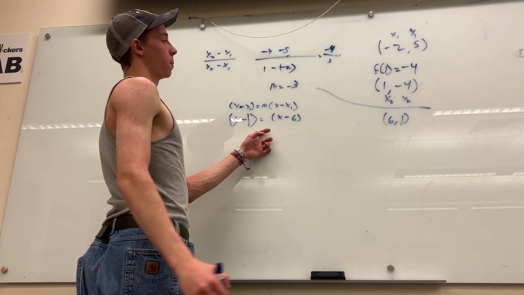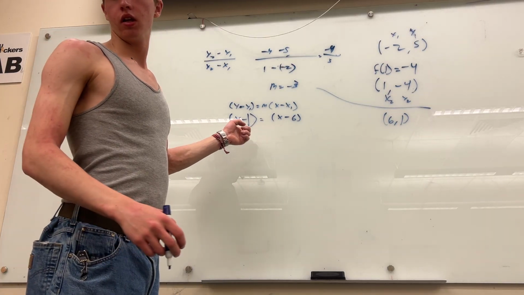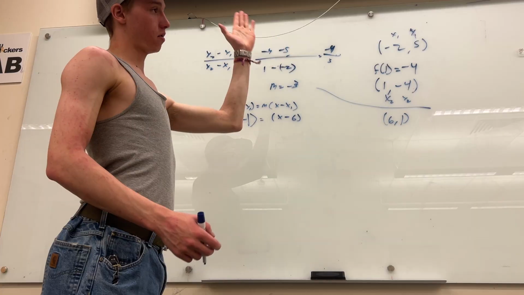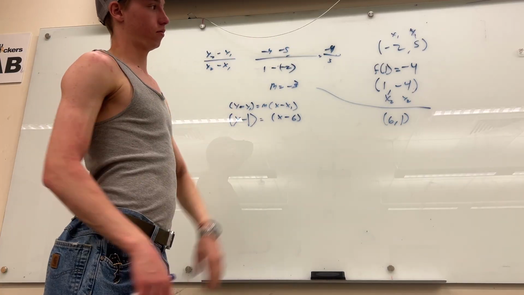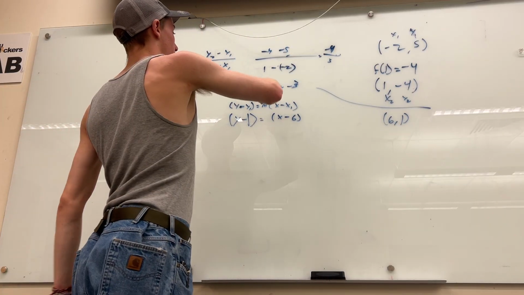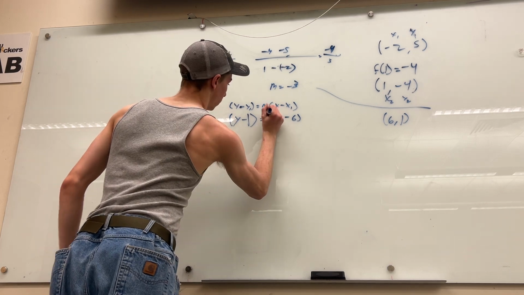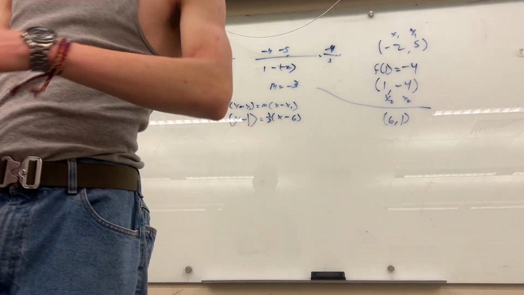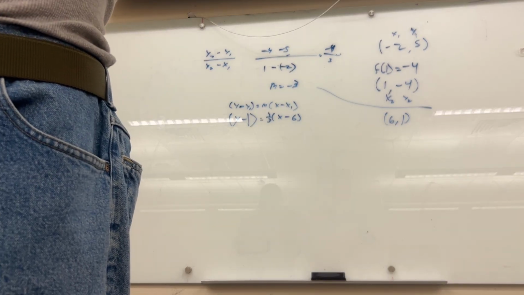The slope is going to be the inverse. First of all, it's going to flip the sign, and it's going to be the inverse. So it's going to be positive 1 over 3. y minus 1 equals 1 over 3, x minus 6. So that is our point slope.